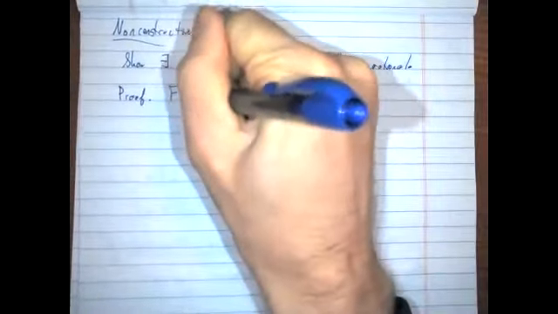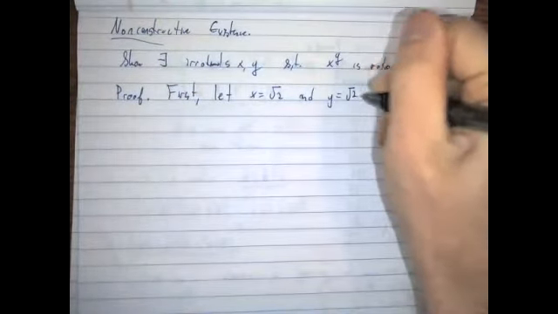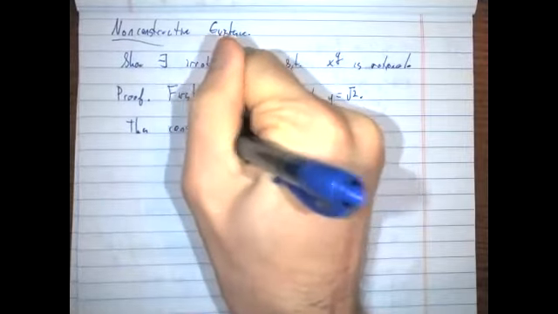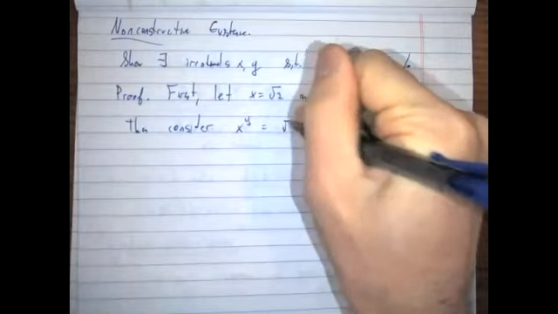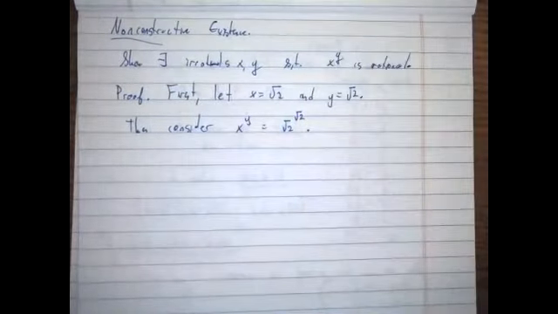First, let x equal square root of 2 and y equal square root of 2. Then consider x to the y, which is equal to square root of 2 to the square root of 2. What are the two options for this number, whatever it is?